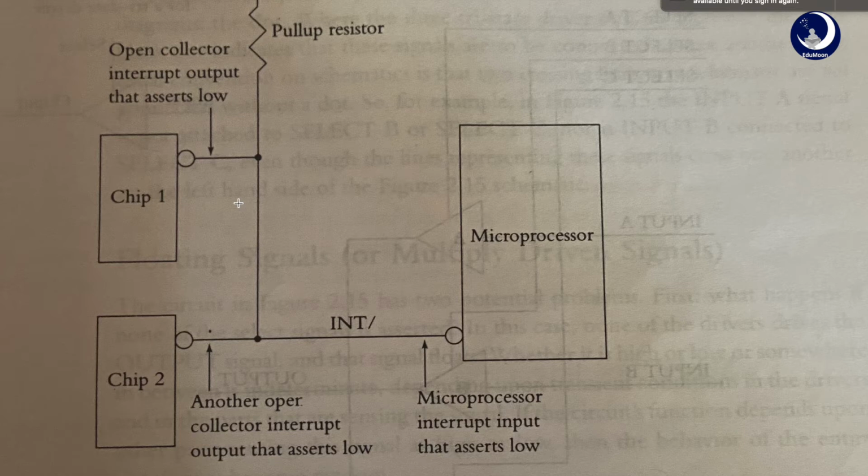So what do I mean by this? If any one of the devices wants to signal the interrupt, then it drives its interrupt output low. Say, for example, if this device wants to signal the interrupt, then this particular device drives its interrupt output low.